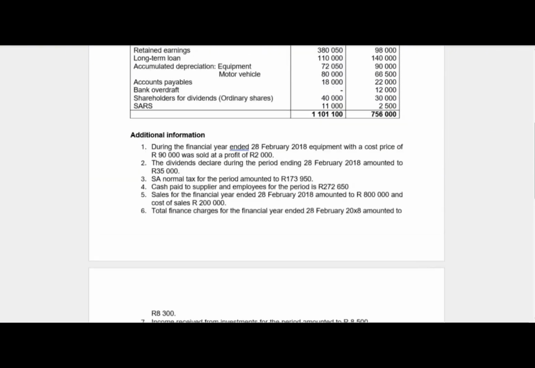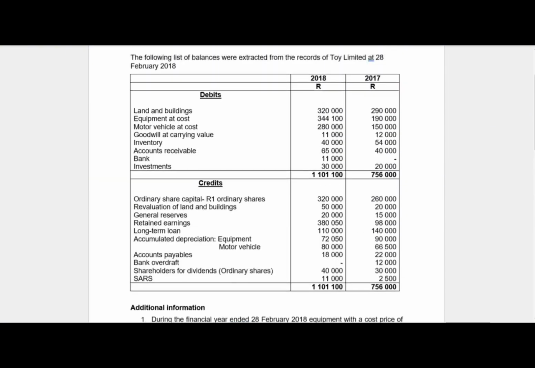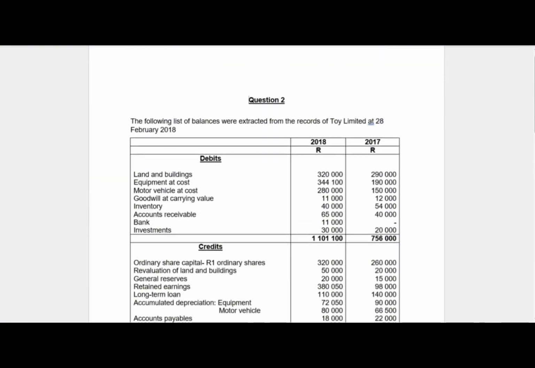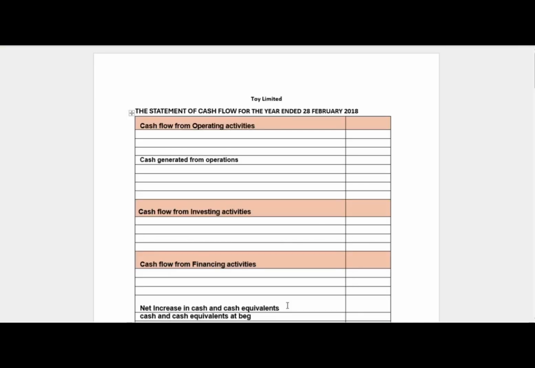Remember, our number one cash flow activity in the cash flow is to calculate the cash flow from operating activities, under which we're going to have our first item called cash received from customers. That is what we must calculate first.